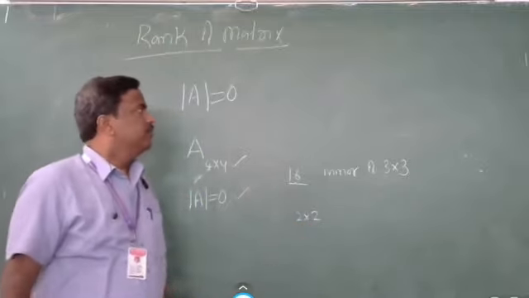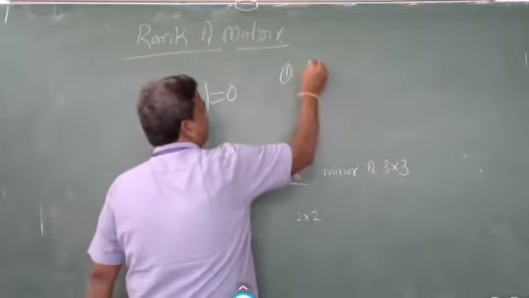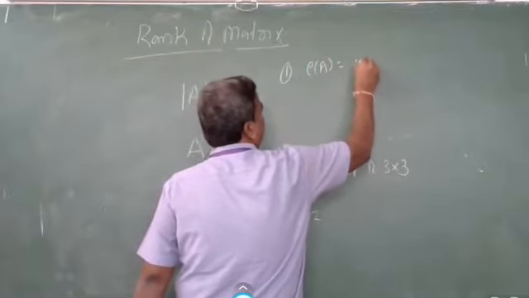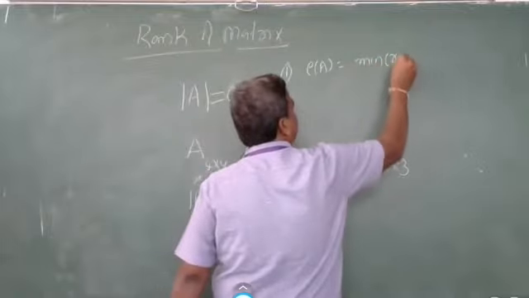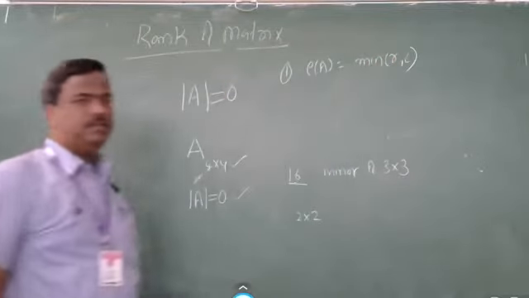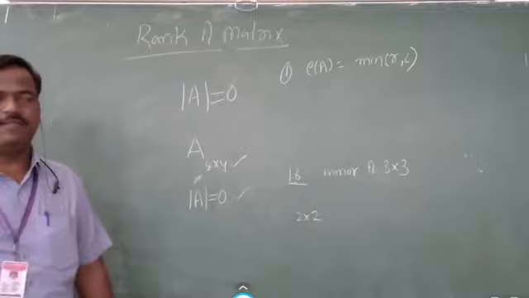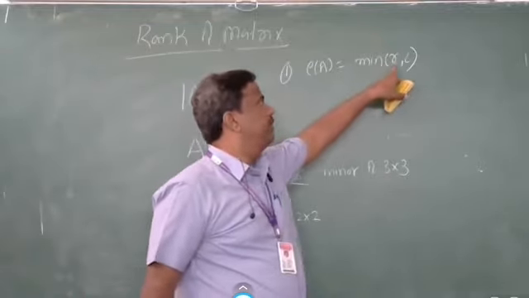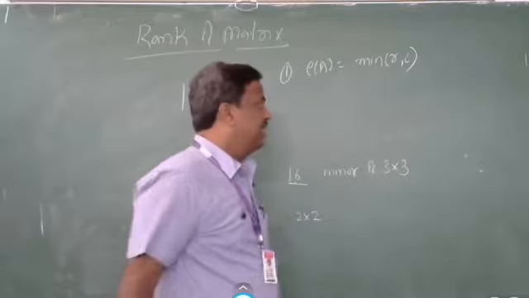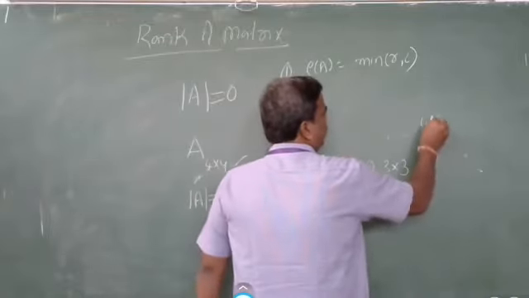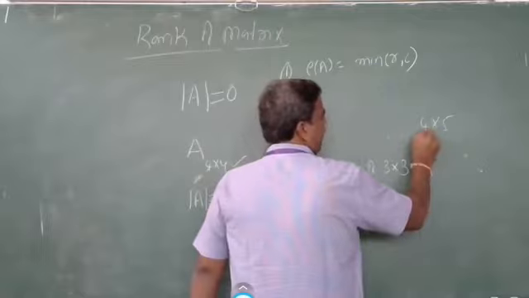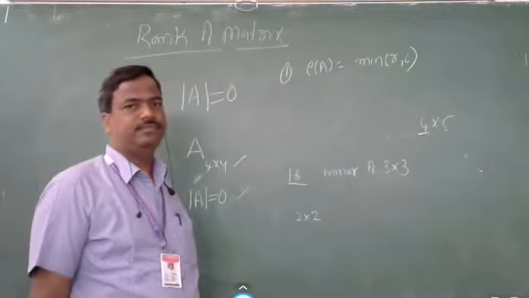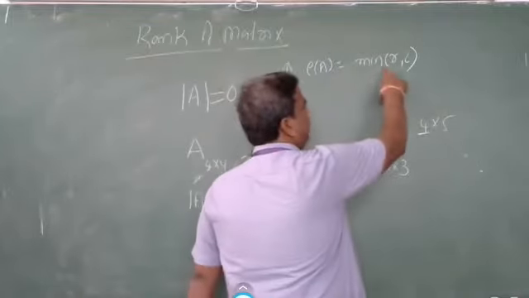Otherwise, any non-singular matrix, rank is equal to minimum of R comma C. If A is a non-singular matrix, then the rank is equal to minimum of rows comma columns. If you are taking a 4 by 5, maximum rank is 4. That's why we are taking the minimum of R comma C.